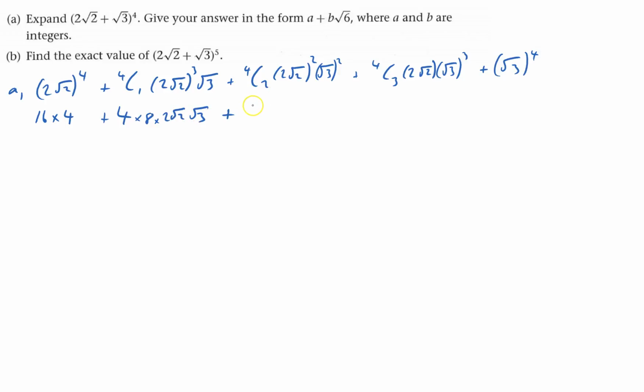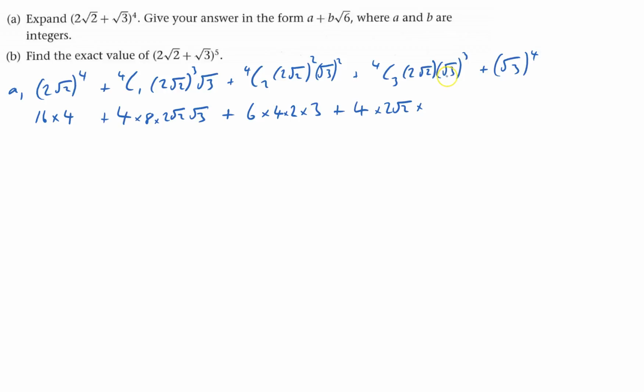And 4C2 is 6, times 2 squared is 4, times (√2)^2 is 2, times by (√3)^2 is 3. Plus 4C3 is 4, times 2√2, times by (√3)^3.